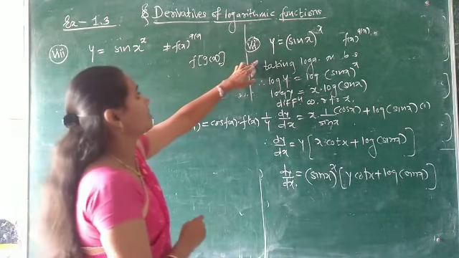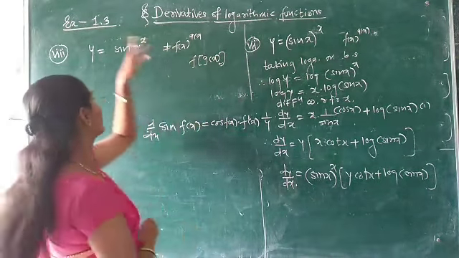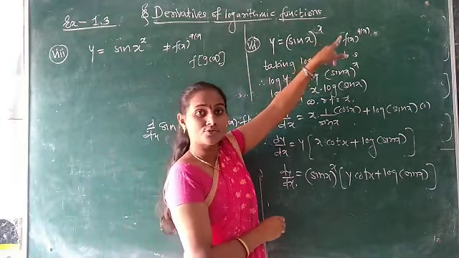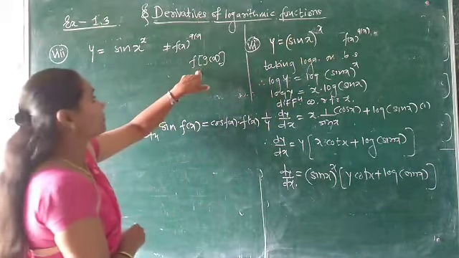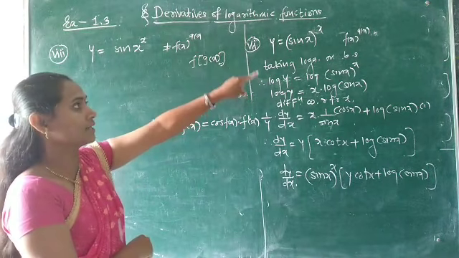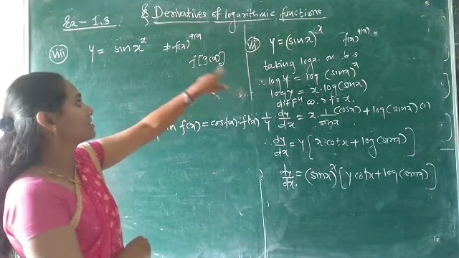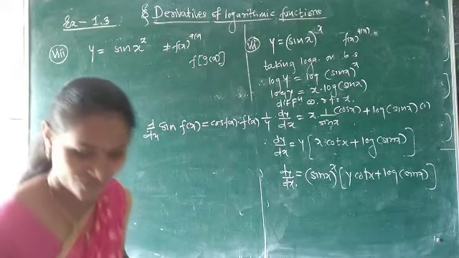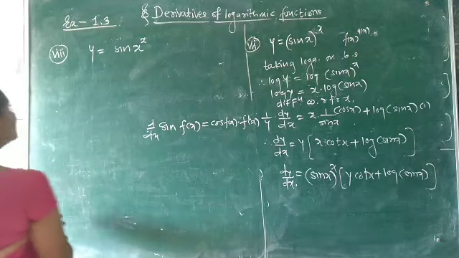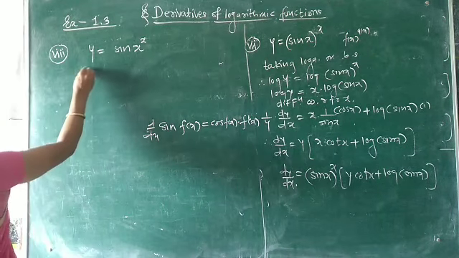These are different functions: (sin x) raised to x and sin of (x raised to x). This is of the form function raised to function, but this is of the form function of function. These two things are different. This is function raised to function and this is called a composite function. So don't apply the log here. So here we take the direct derivative.